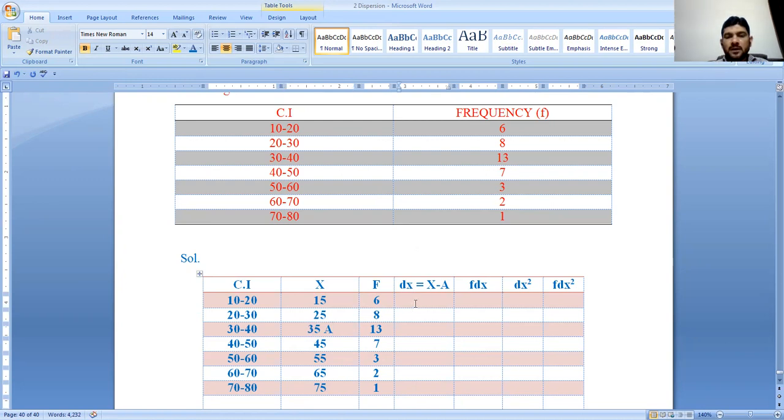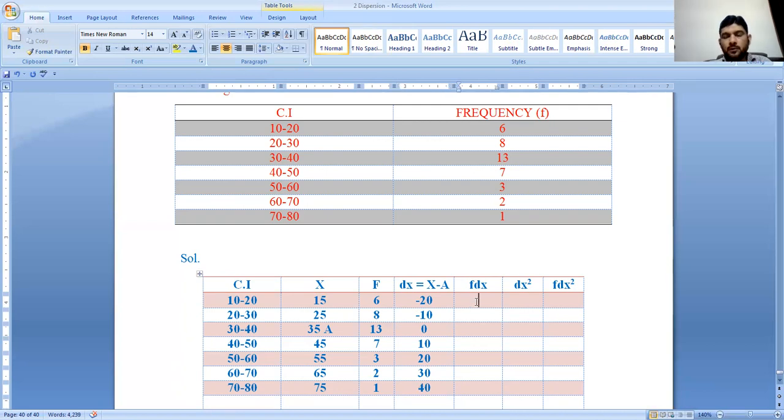Now dx is equal to x minus a, that is 15 minus 35, that is minus 20. 25 minus 35, that is minus 10. Next one is 0. 45 minus 35, that is 10. 55 minus 35, that is 20. And next one is 30, and so on. It will be 40.